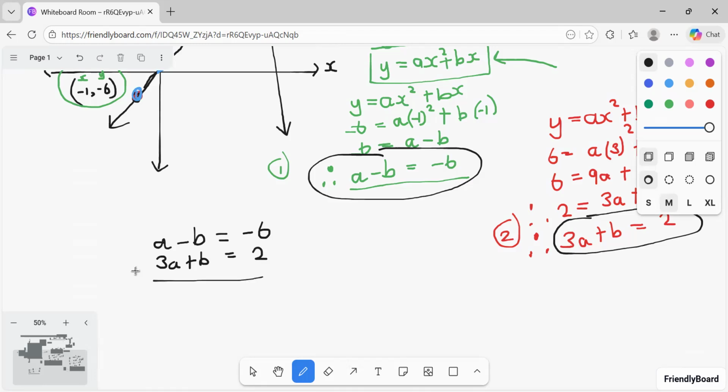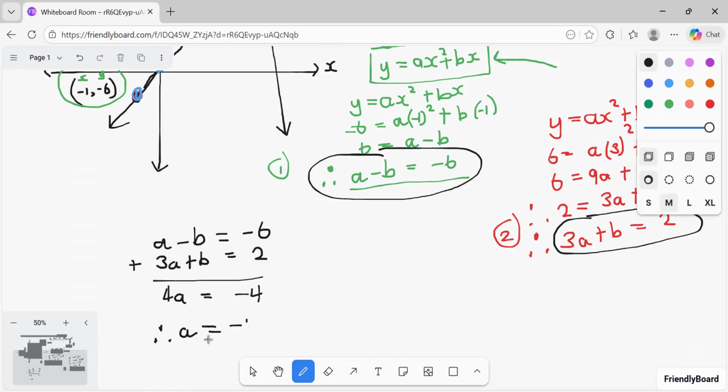So I'm just going to add them. This becomes 4a is equal to negative 4. So therefore, I found my a. My a is equal to negative 1.